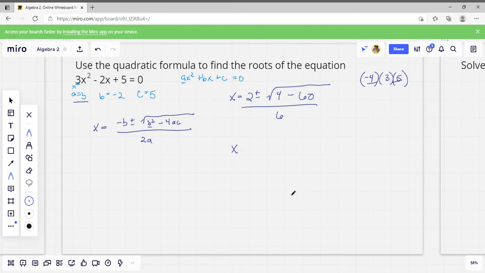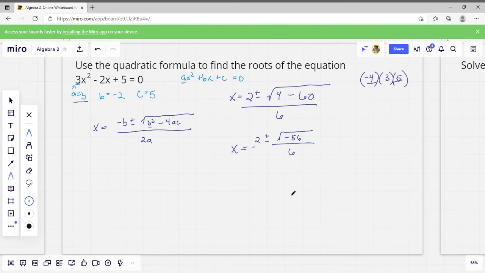So I got x equals 2 plus or minus the square root of 4 minus 60, which would be negative 56, over 6. So the square root of negative 56.